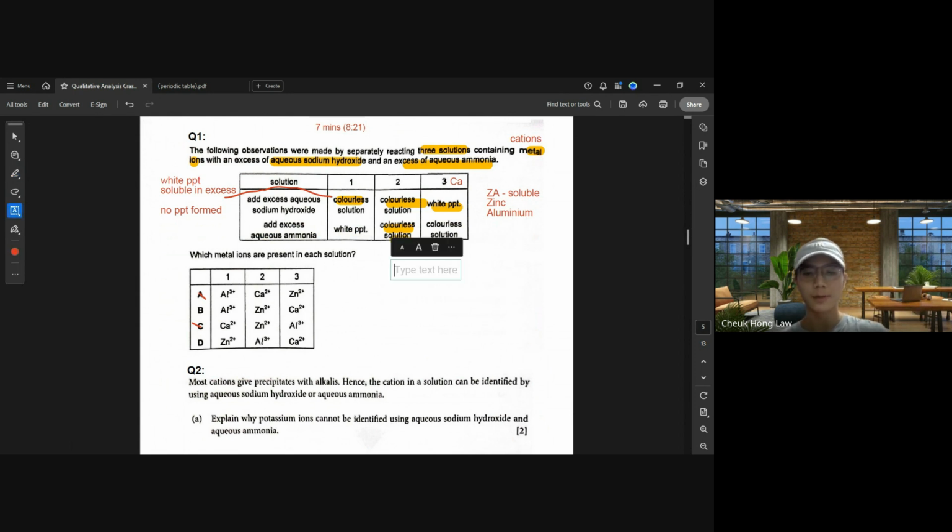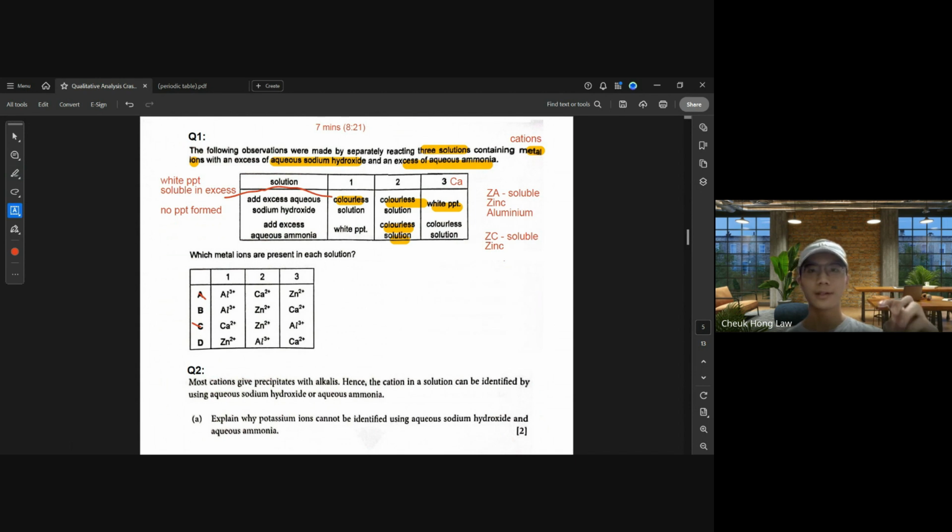Remember what I said about solubility. When you add excess sodium hydroxide, ZA will be soluble. When you add excess aqueous ammonia, ZC will be soluble: zinc and copper. Do you see the commonality between these two? Both have zinc.